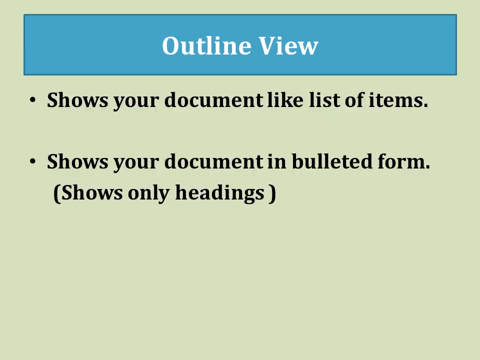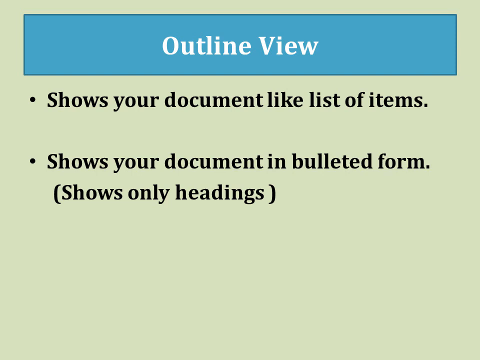Next is outline view. The outline view shows your document in the form of a list of items. When you apply outline view, it only shows the important parts of your document. It only shows the headings of your document in bulleted form.